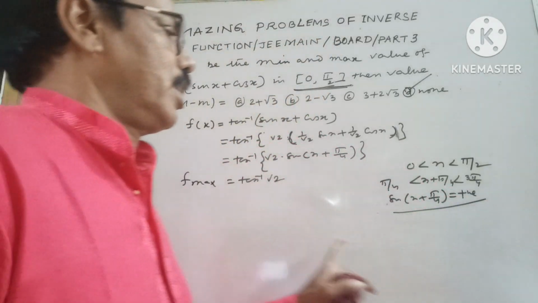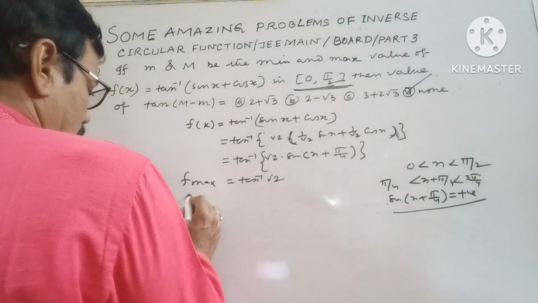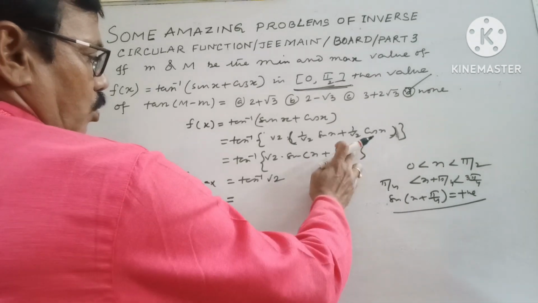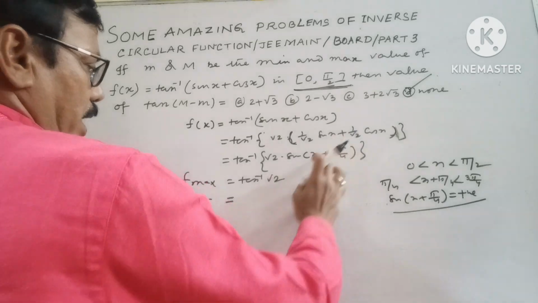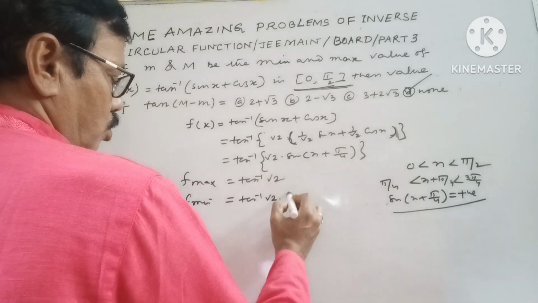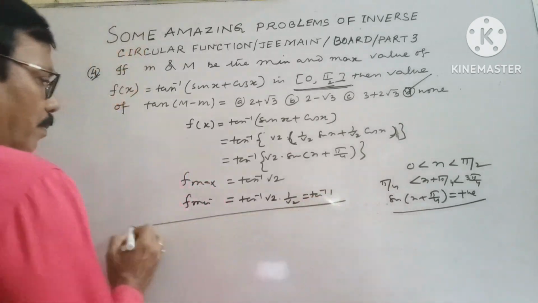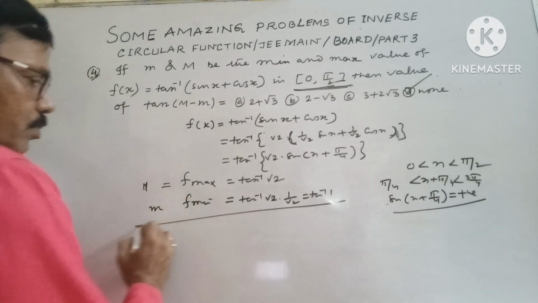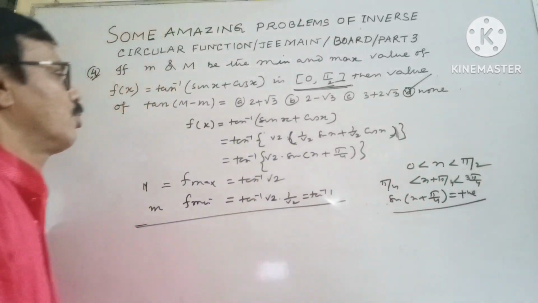So we cannot take this one as minus. So what is the minimum? It is obtained when we put x equals 0. If we put x equals 0, this will be tan inverse of root 2 into 1 by root 2, which is tan inverse 1. So this is capital M, this is small m. You can also use this method.